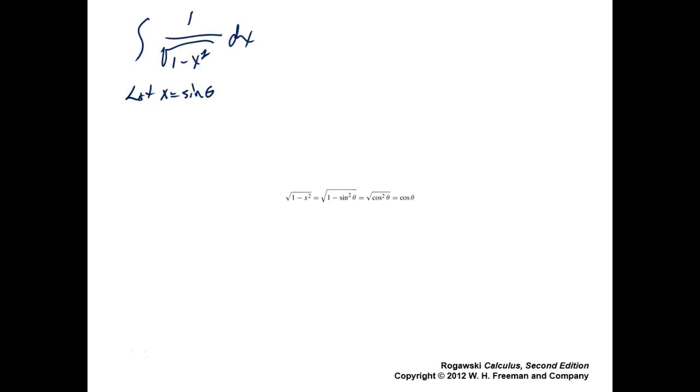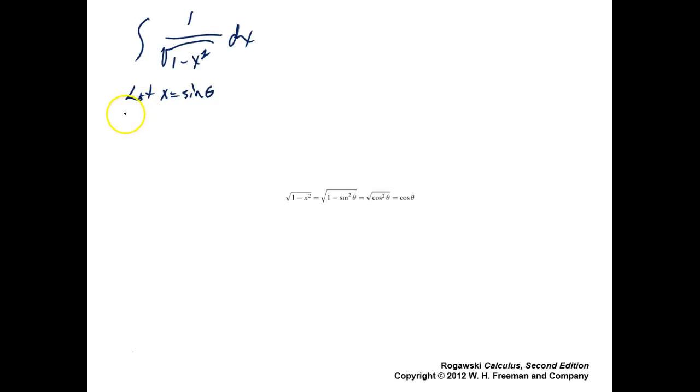It's a different kind of substitution. It is a substitution, but it's not a new variable equaling some form in the problem. It's the variable in the problem equaling some trig form. So let's carry through and do what we did before.